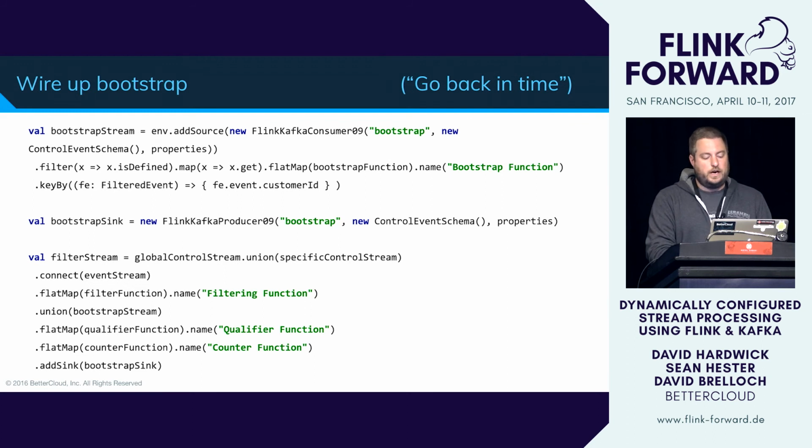This is what it looks like wired up. So we've added this new source listening to the bootstrap topic, and we've also got a new sink that outputs to the bootstrap topic. So it's kind of this circular thing using Kafka. As you can see, we've added the sink at the end and also hooked up the bootstrap stream as well.